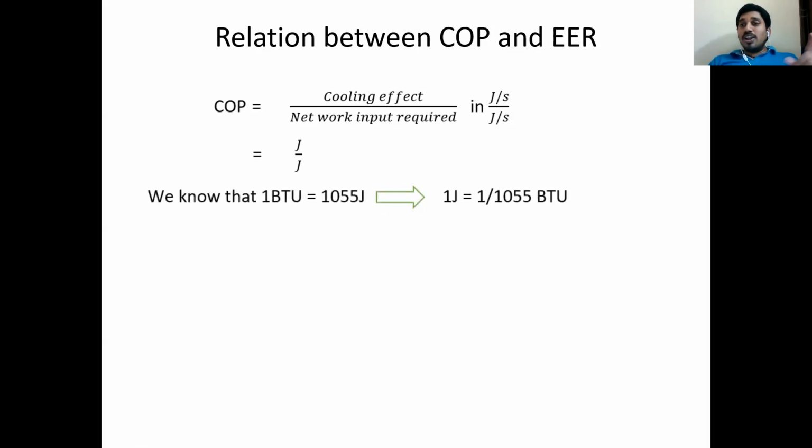But we already know that 1 BTU is equal to 1055 joules, from which I can also write that 1 joule is equal to 1 divided by 1055 BTU, British thermal units.